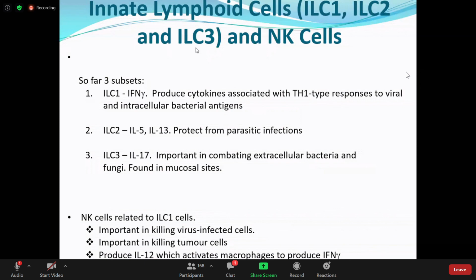The thing about these innate lymphoid cells is that they are not circulating through the blood like the T helper cells. They are essentially localized within tissues.